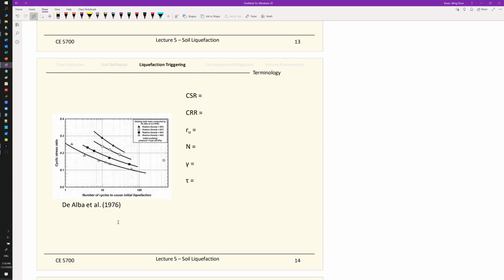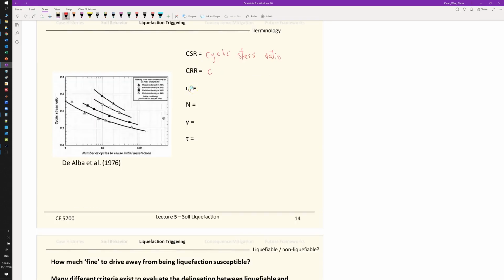First, CSR is the cyclic stress ratio, and CRR stands for cyclic resistance ratio, and R sub U is the excess pore pressure ratio.